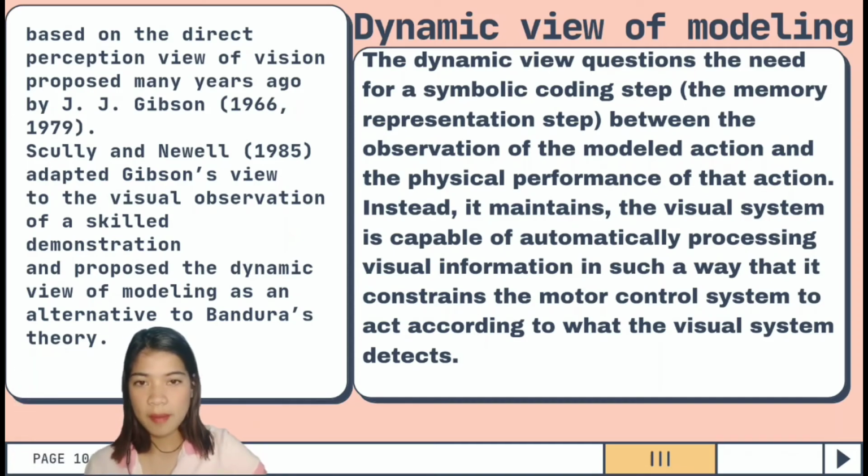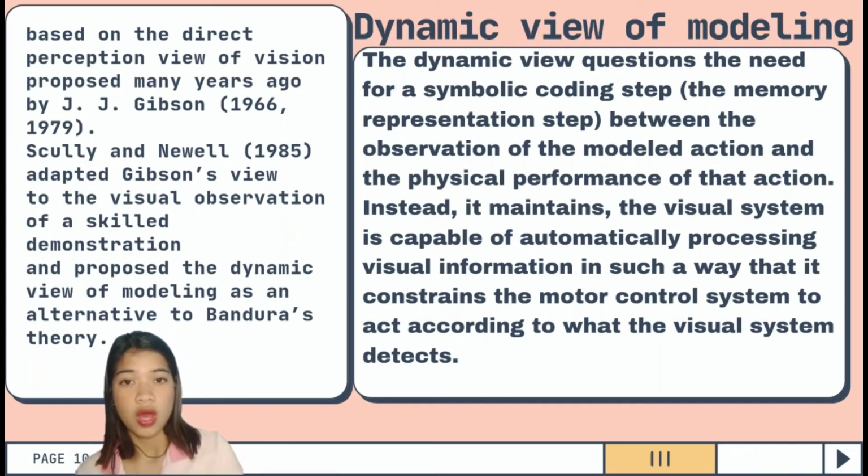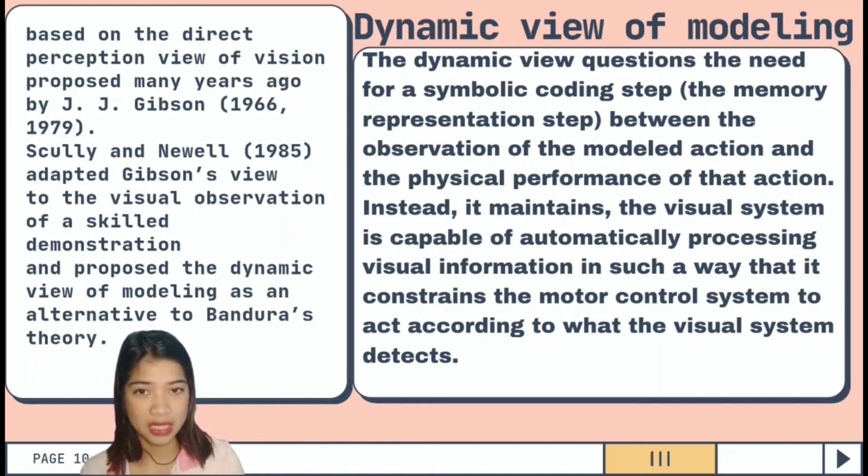The dynamic view of modeling is the second view, based on the direct perception view of vision proposed many years ago by J.J. Gibson, 1966, 1979. Scully and Newell, 1985, adapted Gibson's view to the visual observation of a skill demonstration and proposed the dynamic view of modeling as an alternative to Bandura's theory.